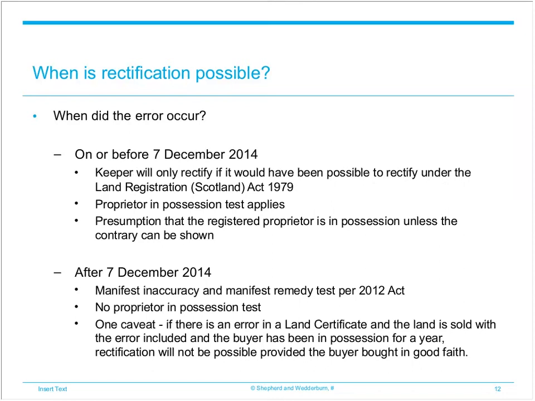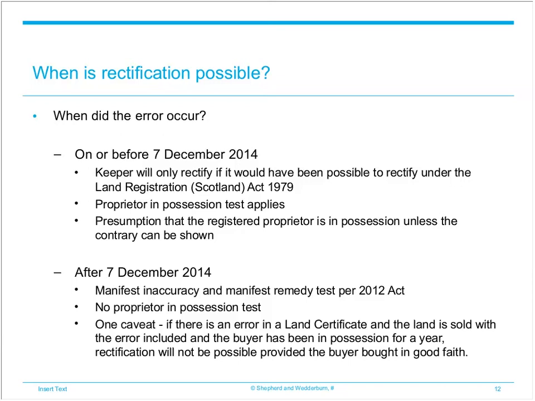Once the manifest error has been identified, the next stage then is to look at when the error occurred. If the error existed on or before 7 December 2014, the keeper will only rectify the land register if it would have been possible to rectify it under the previous legislation, the 1979 Act. And under the 1979 Act, the keeper wouldn't rectify the register against the proprietor in possession.